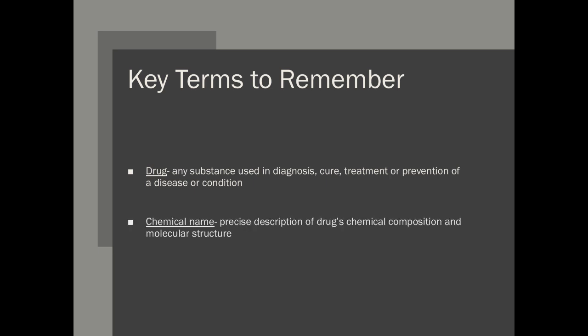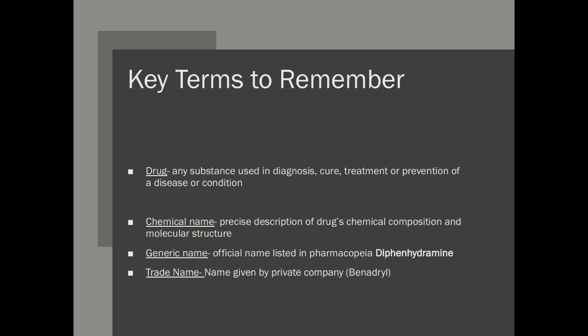We have chemical names for these drugs, and that is a very precise description of that drug's chemical composition. We've got a generic name for that medication, which is an official name listed in the pharmacopoeia, like diphenhydramine. We've got a trade name that's given by a private company that markets this drug, like Benadryl.